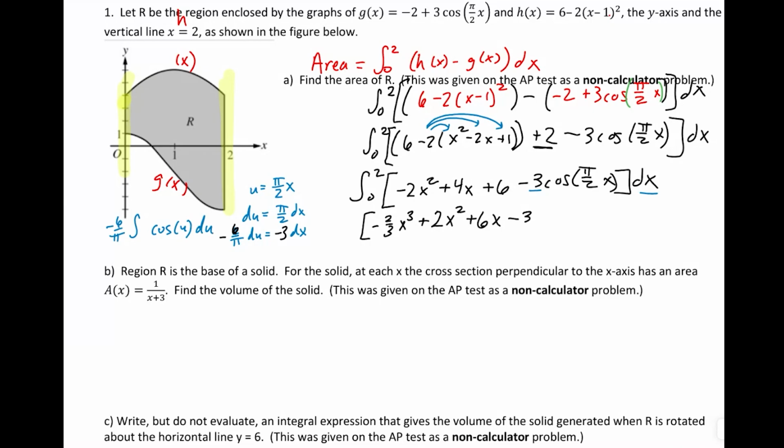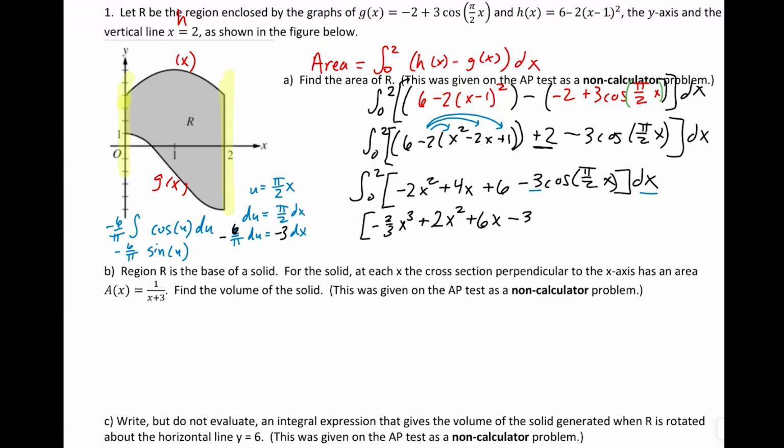Now the integral of cosine u, the antiderivative anyway, is going to be sine u. So I've got negative 6 over pi times sine u. Well, of course, we'd have a plus c here, but when we evaluate that definite integral, the c's are all going to cancel out anyway.